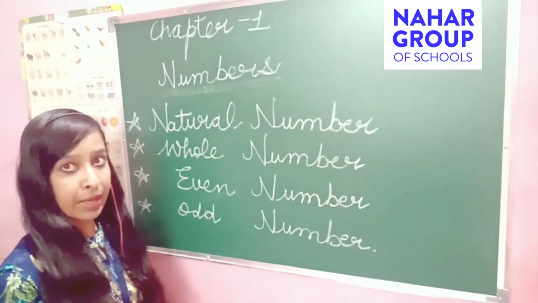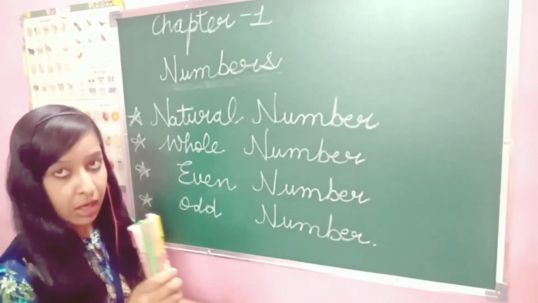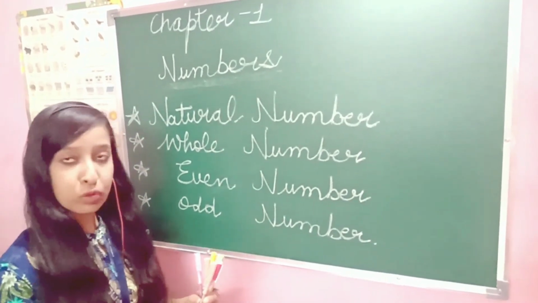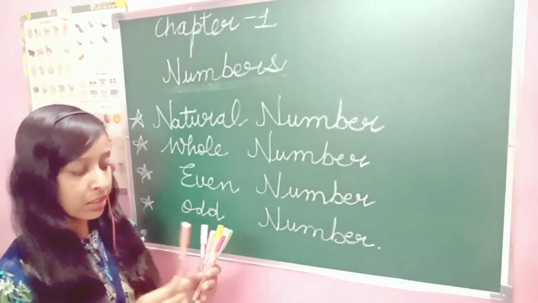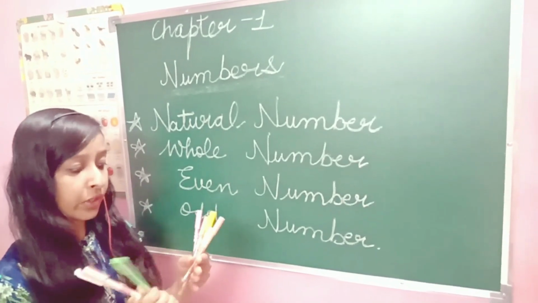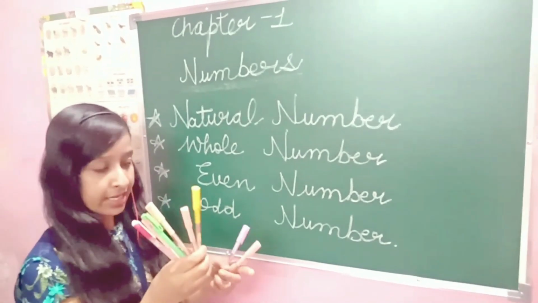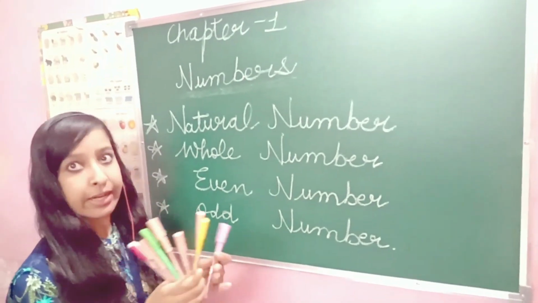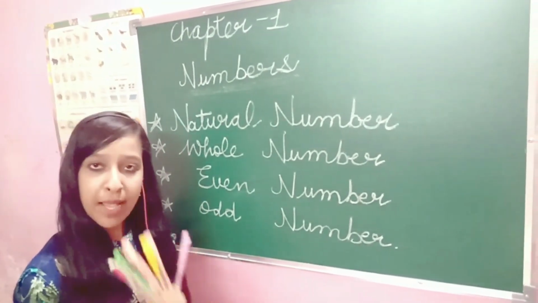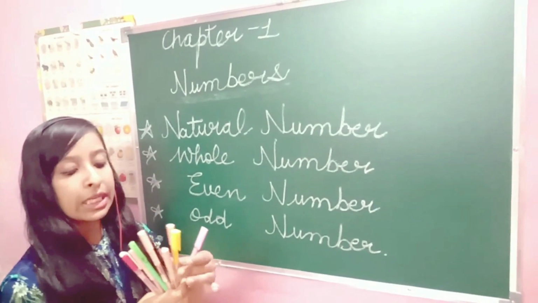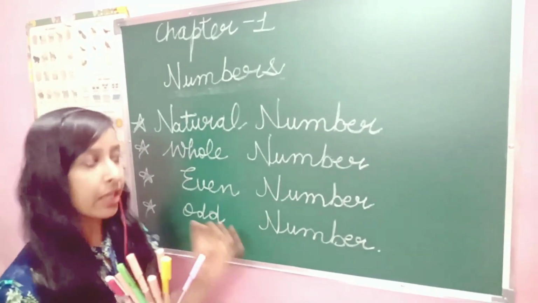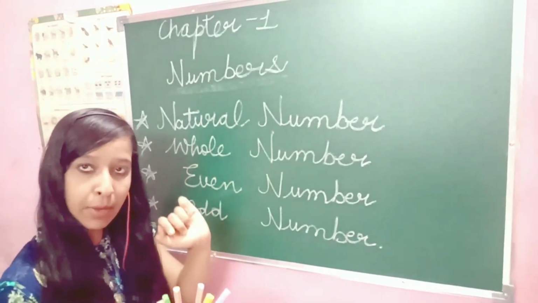For example, I have this pen, and I am going to start counting 1, 2, 3, 4, 5, 6, 7, 8. Total how many pens do I have? 8. So in this way, if we are counting, it is known as a natural number.